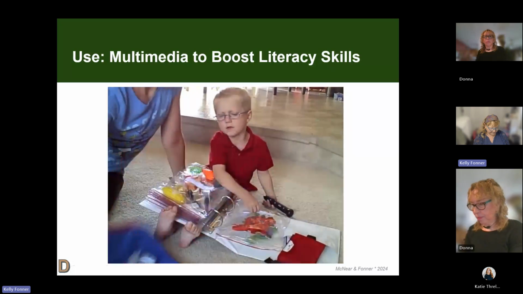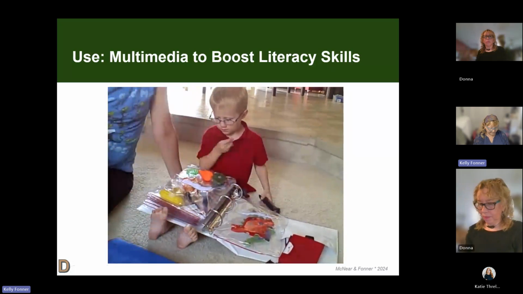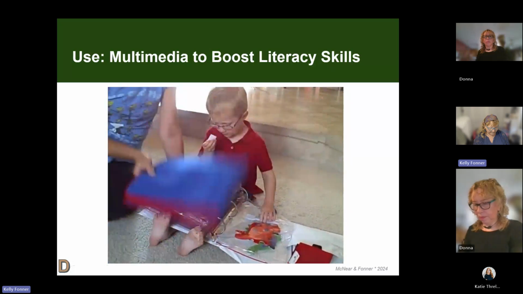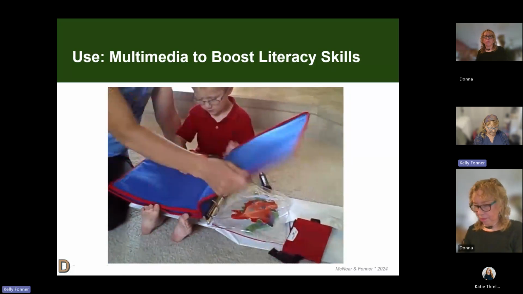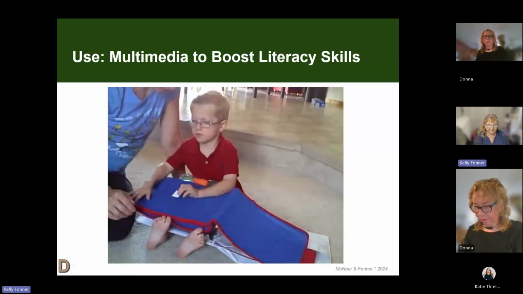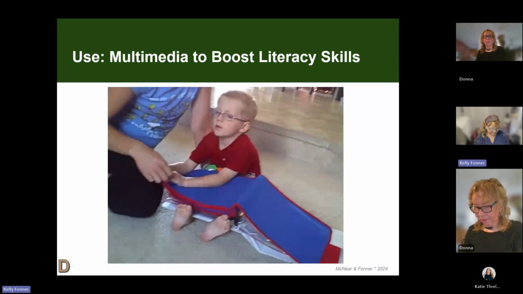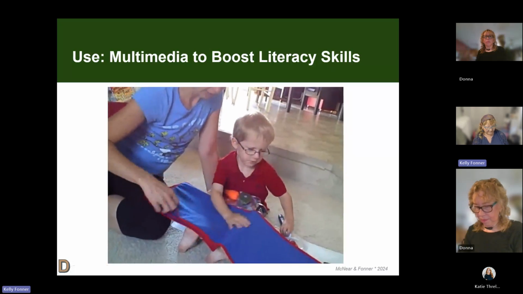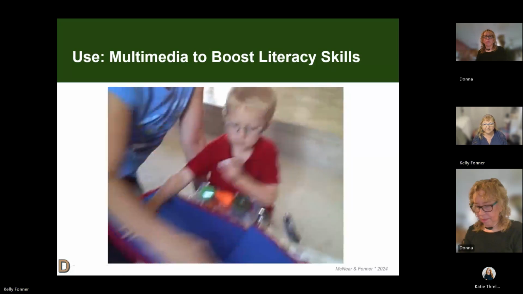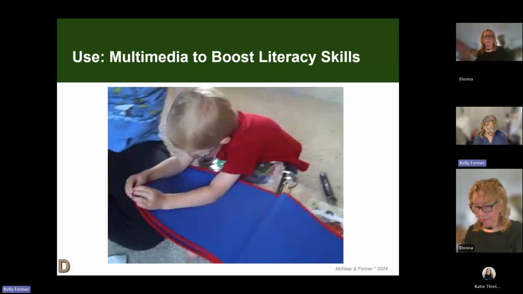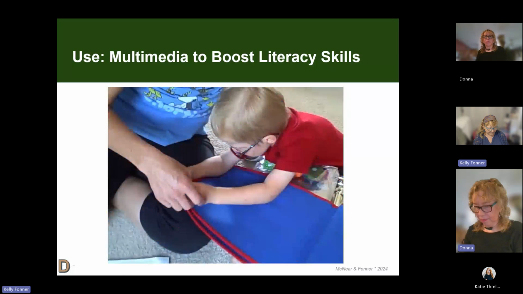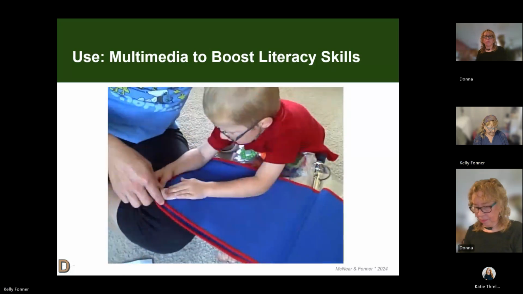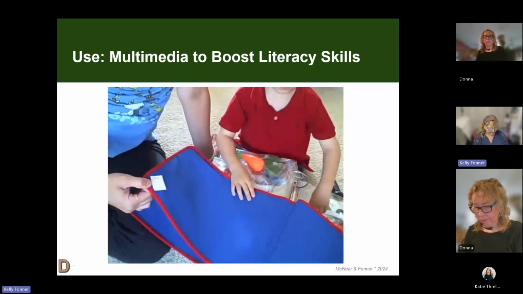I'm going to take a dot off. Okay, I need you to put it in the book. Where do you want it? In the corner, remember? Right up here. Very good. Can you take another dot off? And then turn the page so you can put it in the book. Turn the page so you can put another dot in the book.